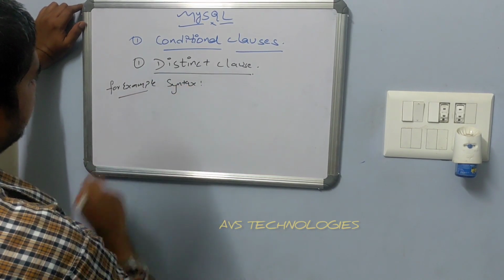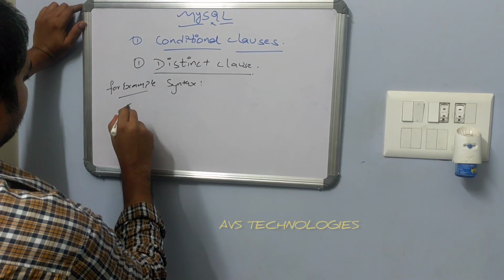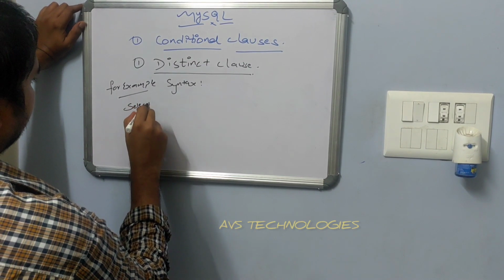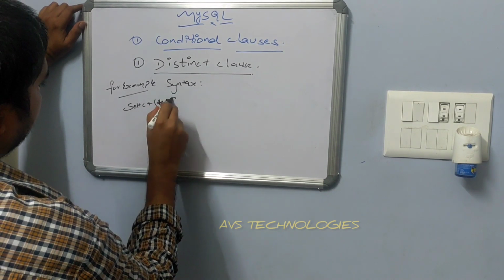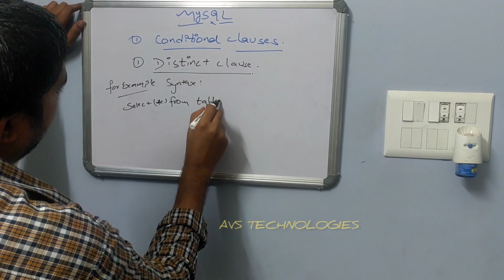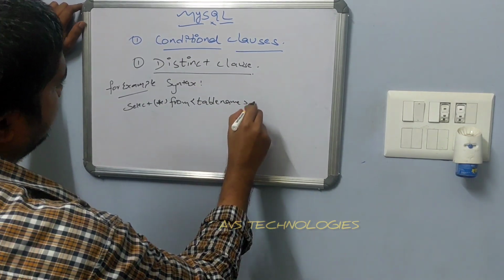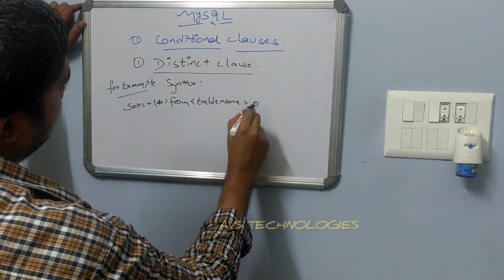the syntax. I will write the syntax here. Select star from table name, distinct.